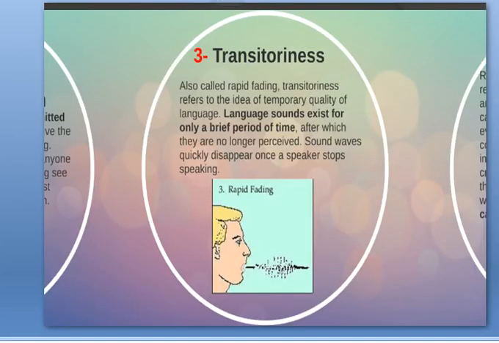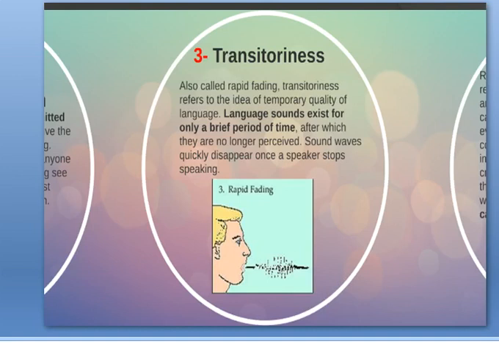See here from the picture, you can also see that language sounds exist for only a brief period of time. Language sounds are there for a brief period of time, and after that they are no longer perceived. Sound waves quickly disappear once a speaker stops speaking.